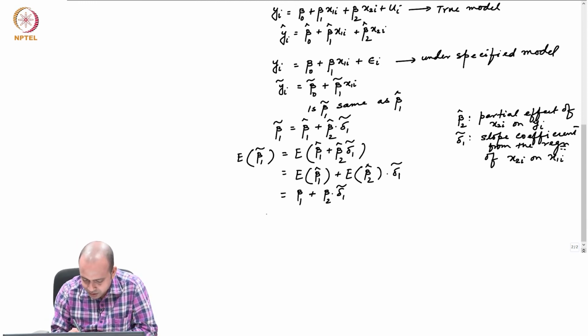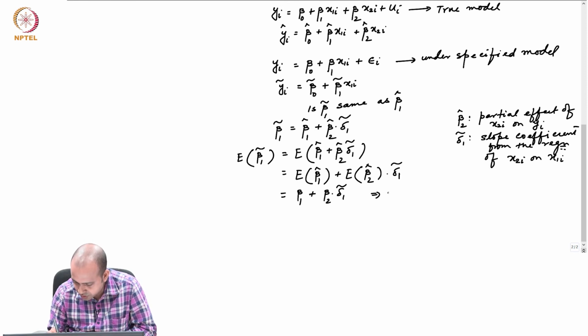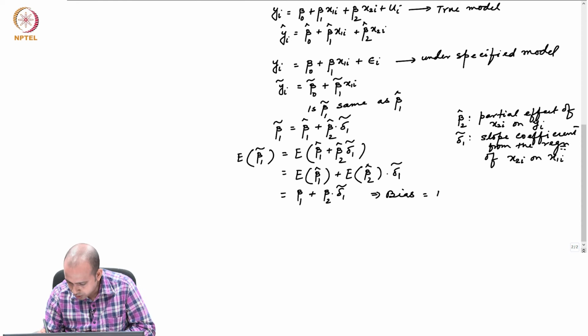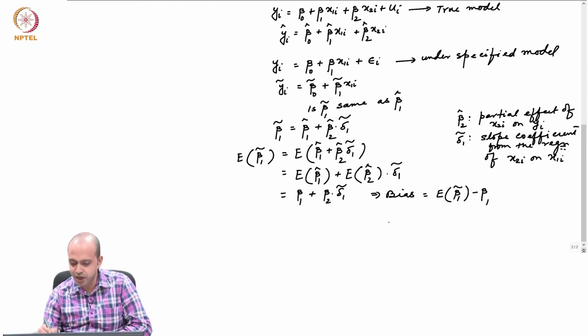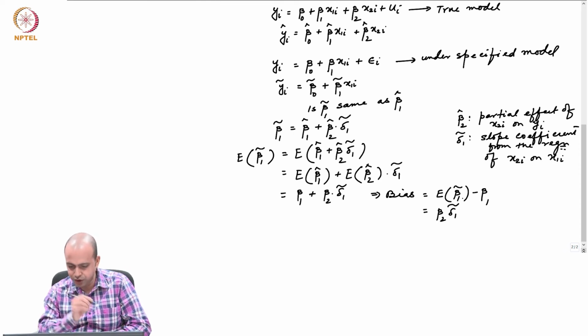This implies the bias, bias equals expectation of beta 1 tilde minus beta 1, is the amount of bias, which equals beta 2 into delta 1 tilde.